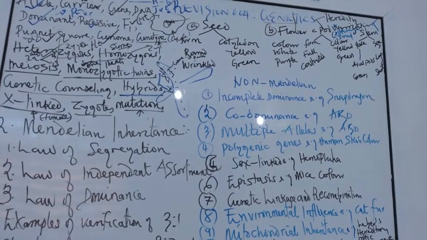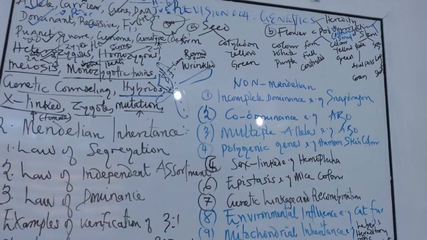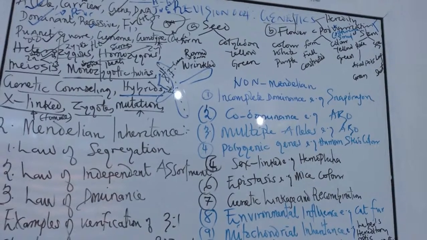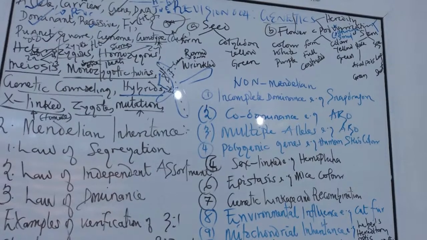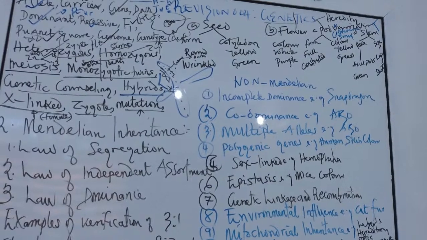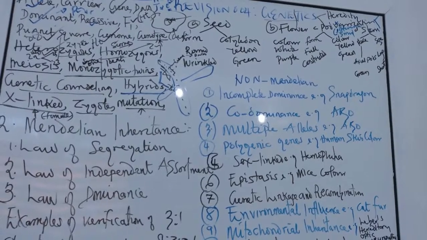So if we have two alleles, like a capital letter T and a small letter t, only one of them will be deposited during gametogenesis. So that is the first law.